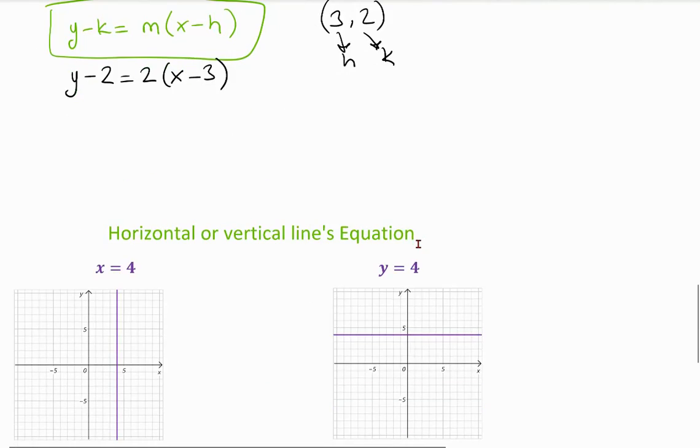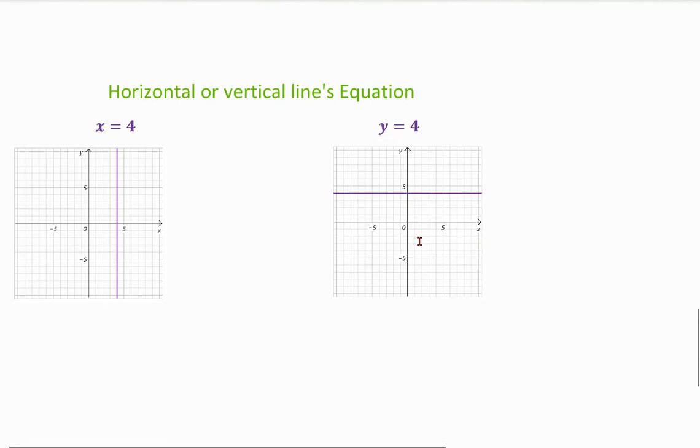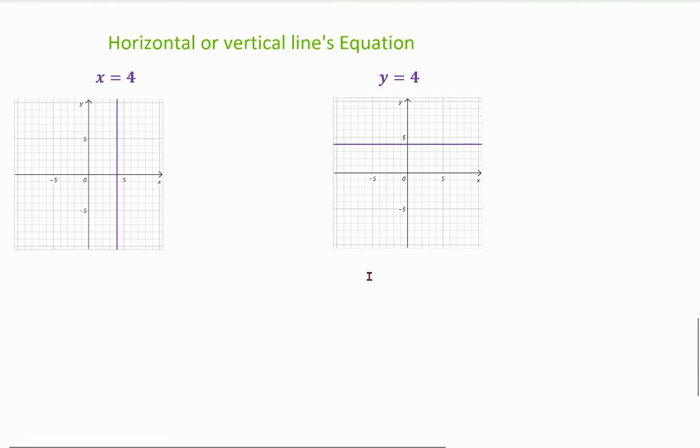Now I want to talk about horizontal and vertical line equations. If I say x equals 4 in the purple, we see this line x equals 4 because all the points on this line have x equal 4. Let's say I choose this point on the line: x is 4, y is 2.